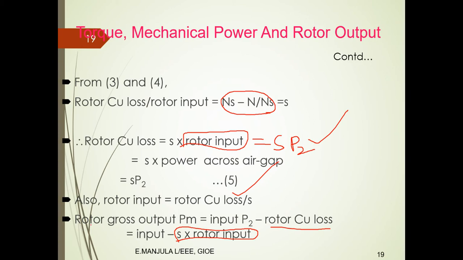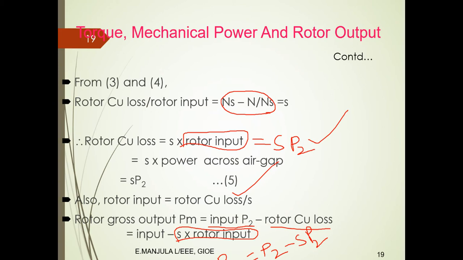So rotor gross power PM is equal to input P2, that is nothing but rotor input, minus rotor copper losses. So here P2 minus S into P2. What is this actually? This is PM, the rotor gross power or the mechanical power developed.